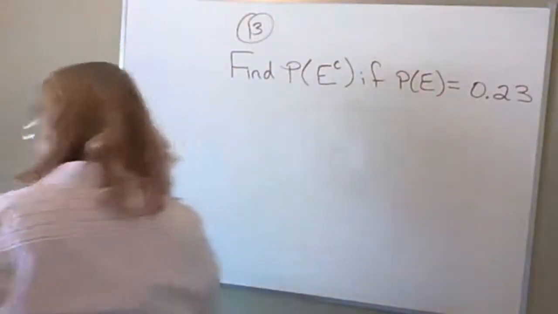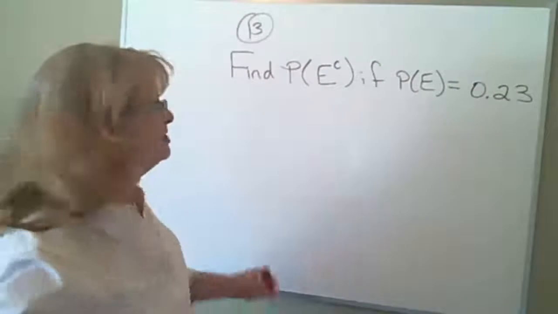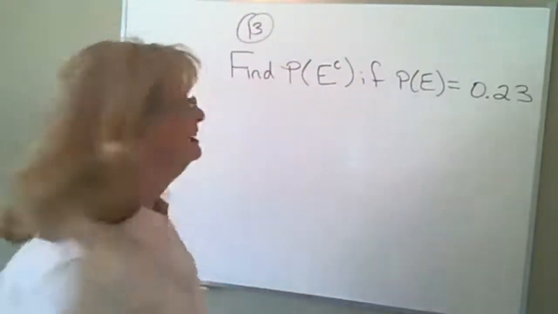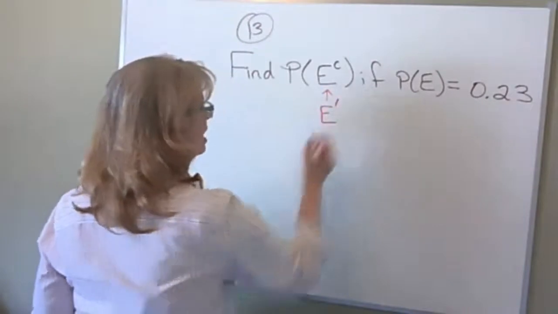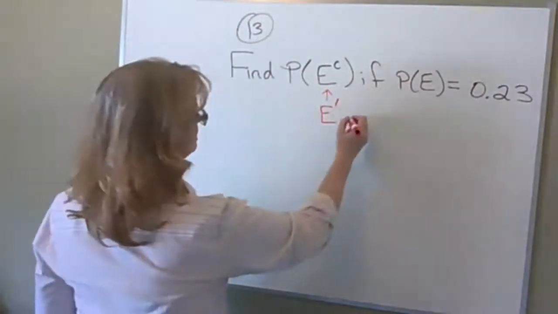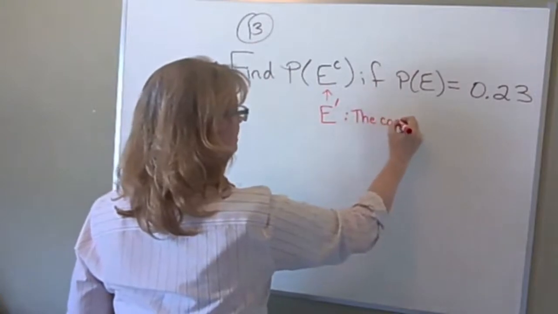When you see that E C like that, that's how I got this problem from another book, that is the same thing as E prime, which means the complement of E.